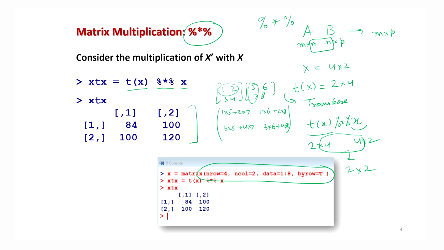So that is the matrix multiplication. This is how it is done. It is different from scalar multiplication. But anyway, I assume that you are aware of such rules.